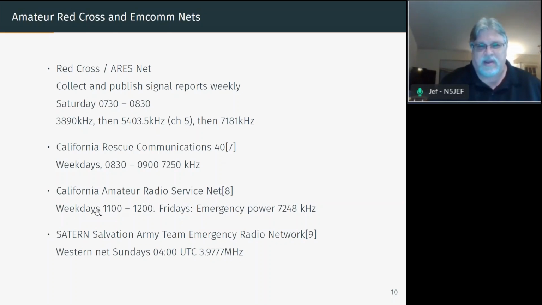On Fridays and weekdays around noon, there's the California Amateur Radio Service nets, and on Fridays they emphasize emergency power. That's 40 meters, and around noon, 40 meters is usually good for local.